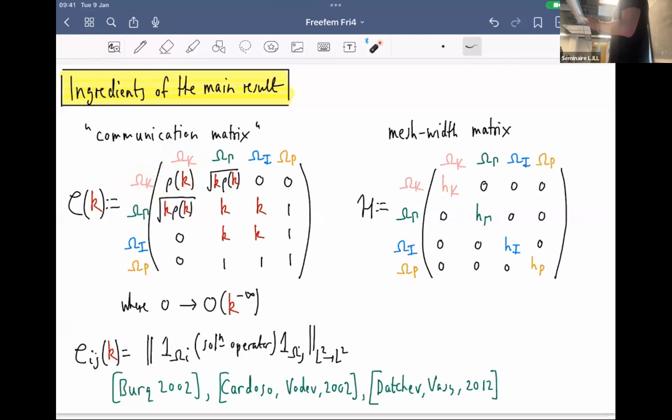But then I get improvements if one of these locations is not in the trapping. So if my data is in the trapping, but I look in this visible set, then I get square root of k times rho. And when the problem is trapping, rho is bigger than k, so this is smaller than rho. And if my data is in the visible set and I look in the visible set, then I get k.